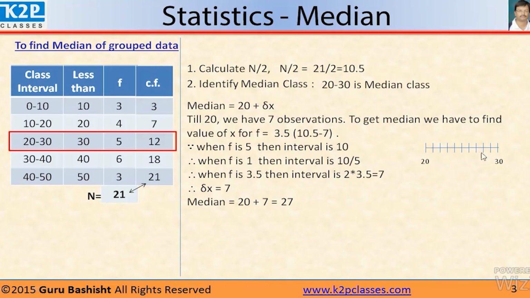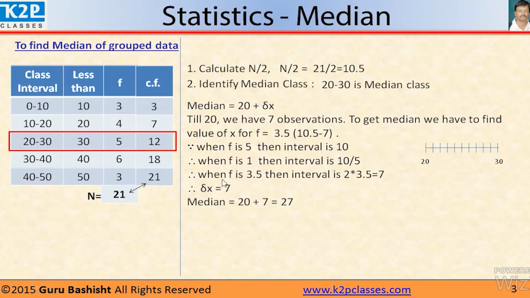From 20 to 30 we have to distribute the frequency 5. So 2 interval means frequency 1.